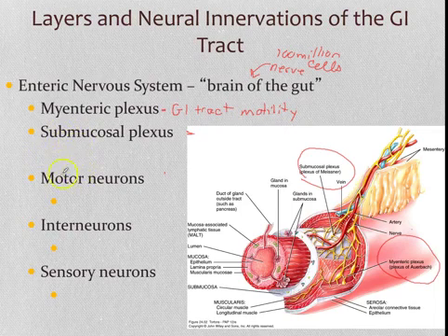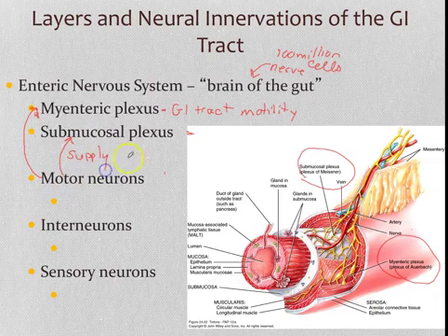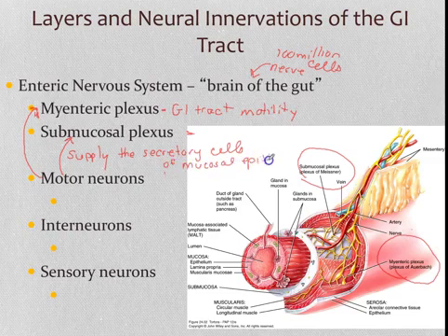So motor neurons of the myenteric plexus are going to help control that GI tract motility. Motor neurons of the submucosal plexus, on the other hand, supply the secretory cells of the mucosal epithelium, and by doing that they help control the secretion from the organs of the GI tract.